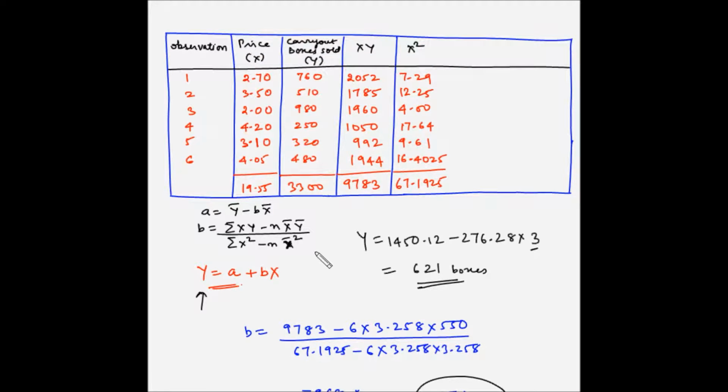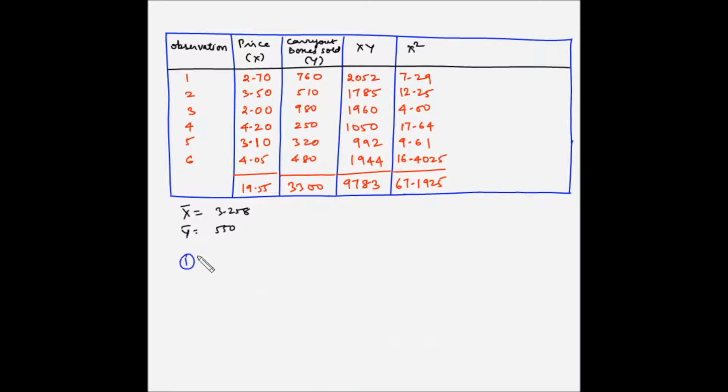Now let us find out whether the choice of price is a good one for arriving at the forecast. And we'll use the correlation coefficient, coefficient of determination, and the standard error of the estimate. So first we'll find out the correlation coefficient.